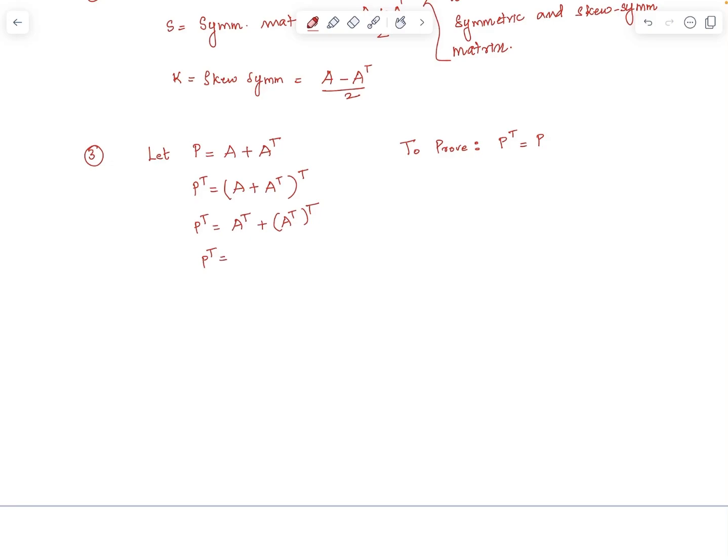P transpose is equal to A transpose plus A. P transpose is nothing but P. Therefore, P is a symmetric matrix. This implies that A plus A transpose is symmetric.